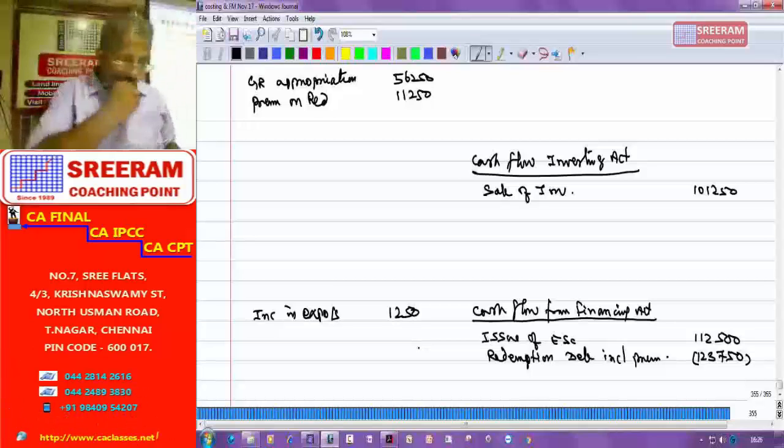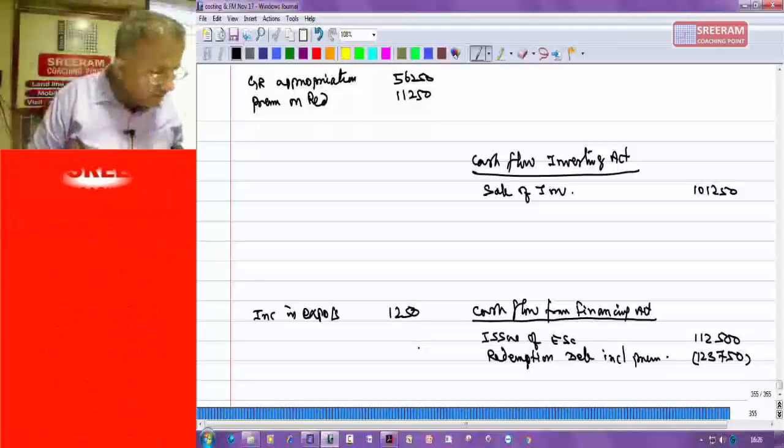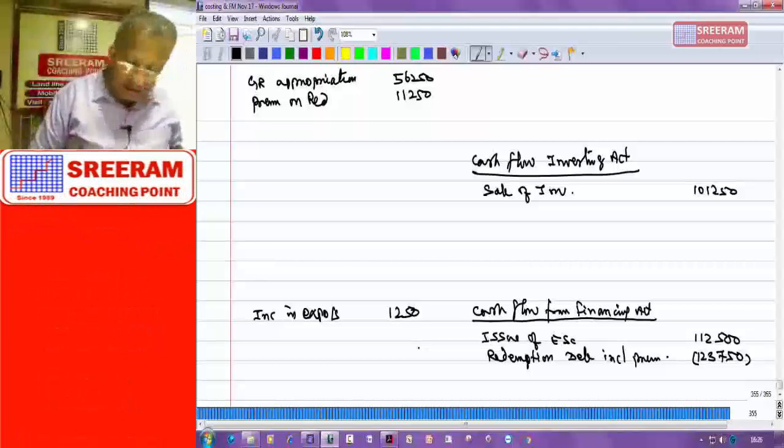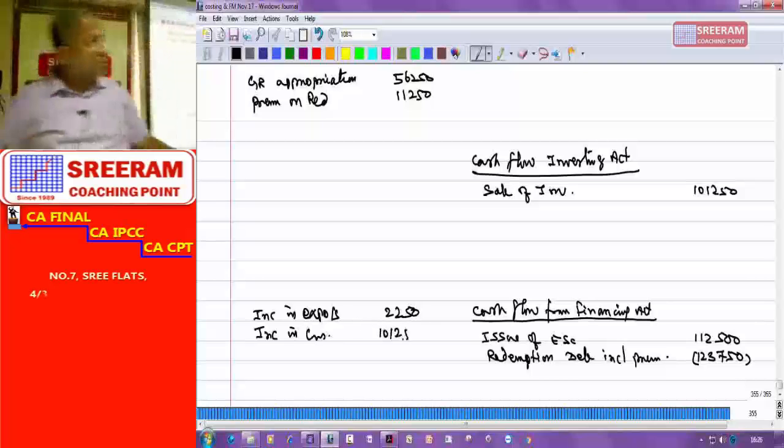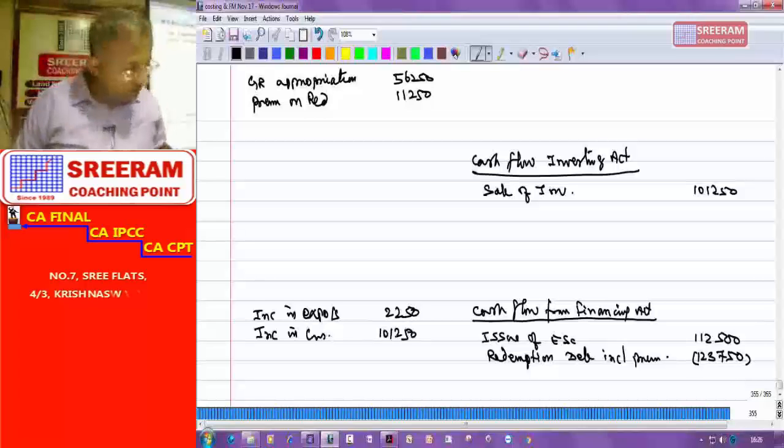Correct, no? Then increase in creditors. 2250. Then increase in creditors 101,250, because it is a source, therefore shown without brackets.